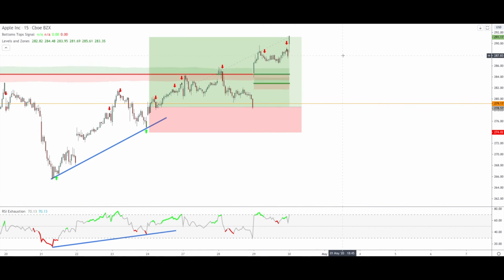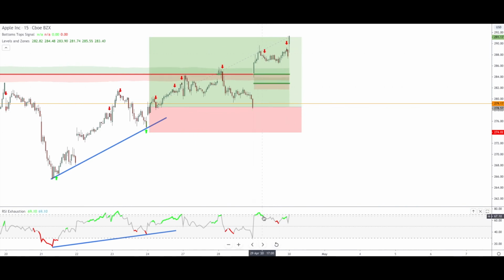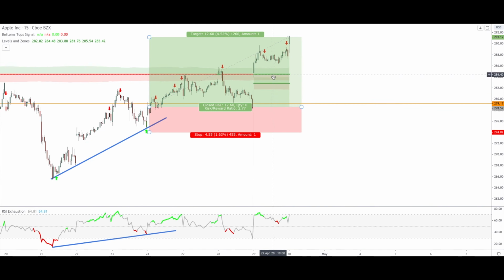So I was not guessing that these were actual tops, and they proved to be, not false signals, but very weak signals, and you should not trade this kind of signals when you compare these three indicators: the bottom stop signal, the RSI Exhaustion, and in this case what made the difference was the levels and zones.